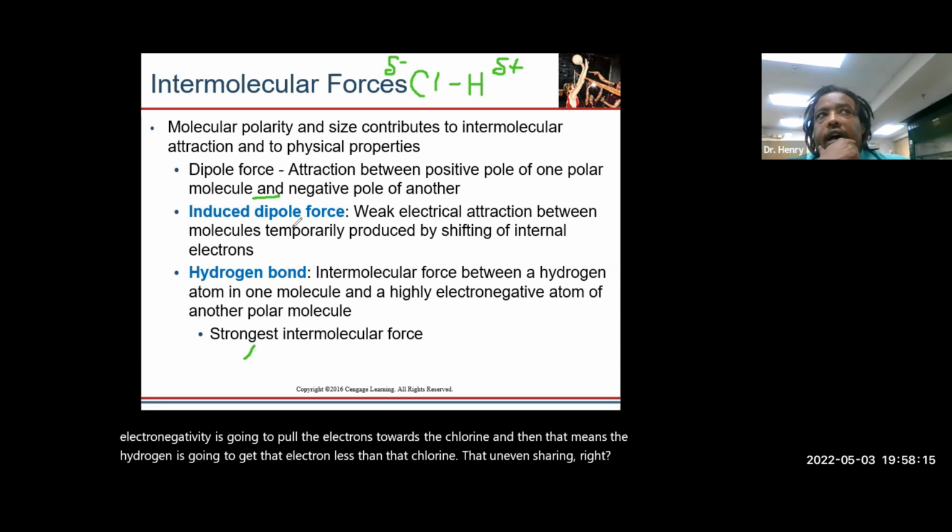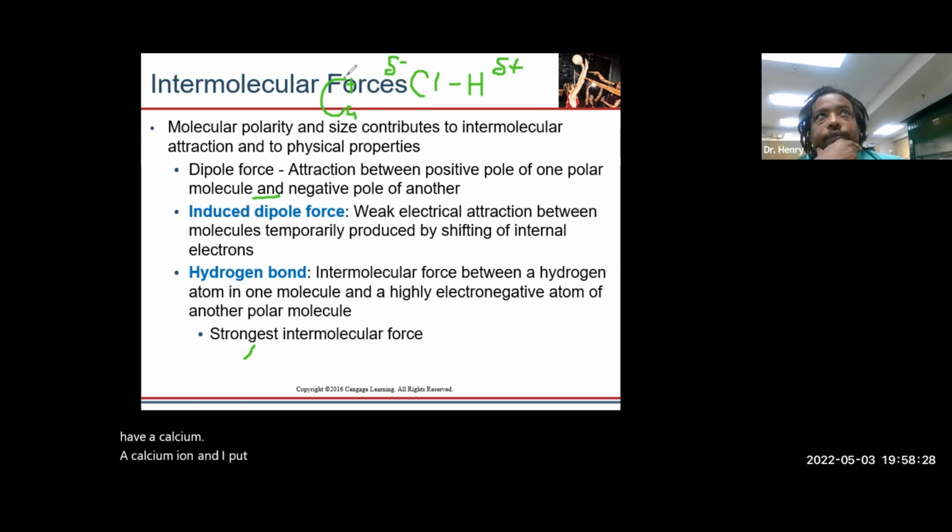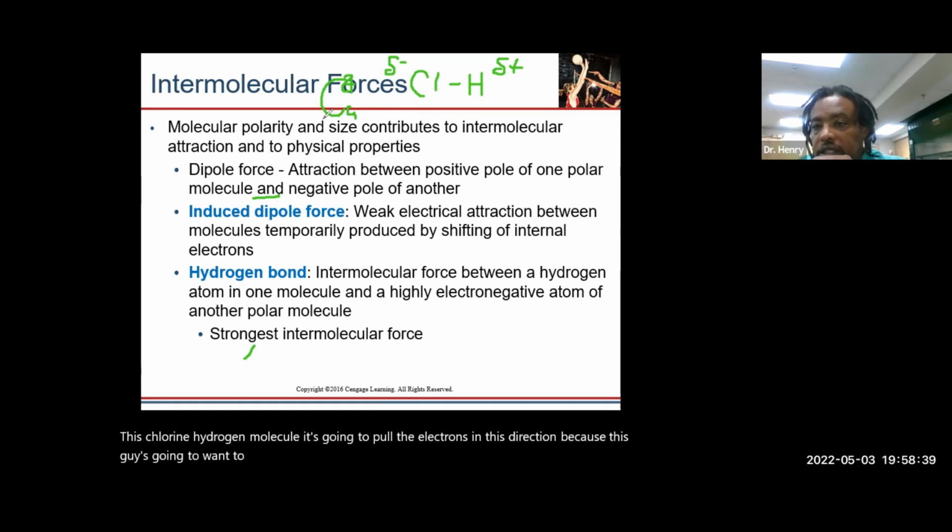Induced dipole. So induced dipole is basically saying that if I have a negative charge, let's say I have a calcium ion, and I put that next to this chlorine hydrogen molecule, it's going to pull the electrons in this direction because this guy's going to want to interact with this guy.